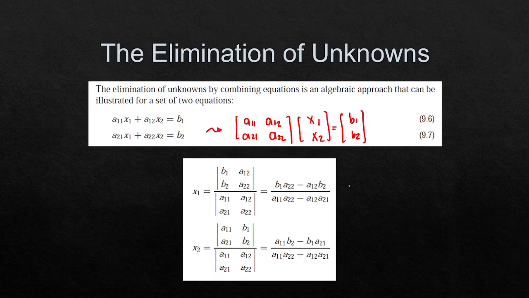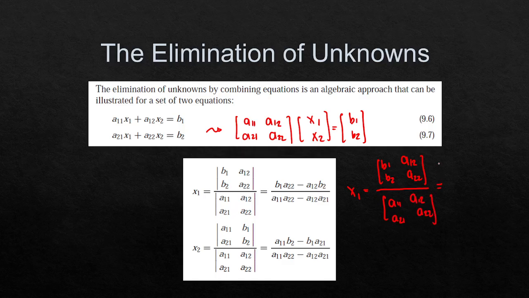So by solving again for x1, you replace the first column, so you have a fraction line here. The first column is replaced with the constant matrix, so that would be B1 and B2. Then copy the remaining values, which are A12 and A22. Then divide it by the original matrix, which is A11, A21, A12, then A22.